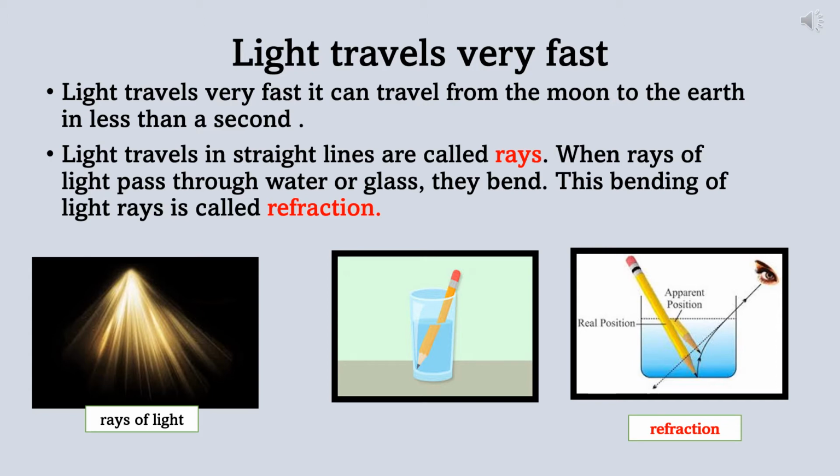When rays of light pass through water or glass, they bend. This bending of light rays is called refraction. As you can see in this picture, there is apparently a bend in the pencil, but there is no bend. The pencil is straight in the water, but because of refraction, we feel that there is a bend in this pencil.